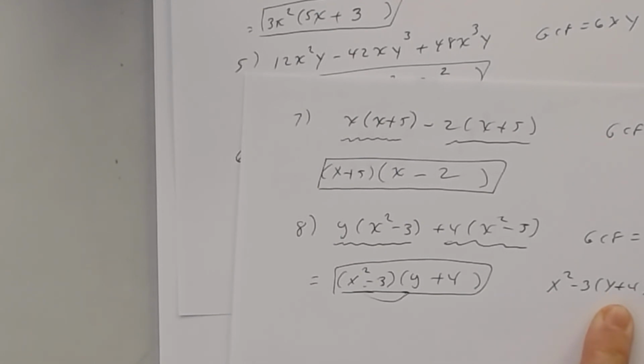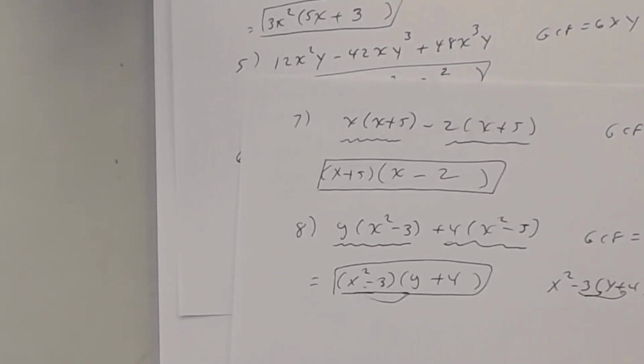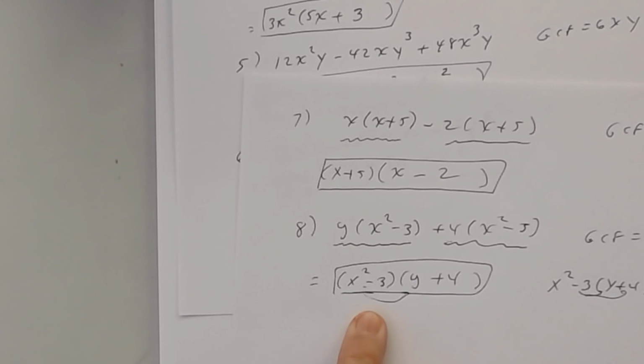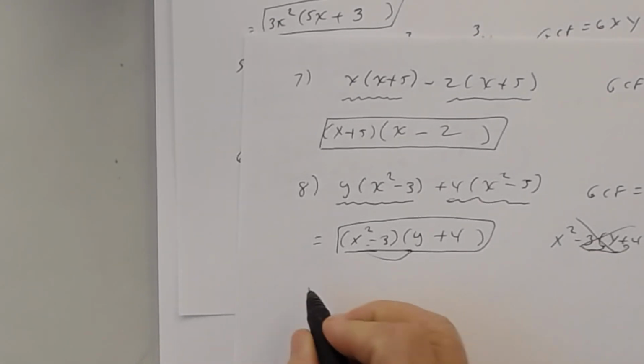No, it's not. Negative 3 only. That means this. That is different than this. So yes, you do have to put the parentheses around here. That is not the same as this. Those are two different things.